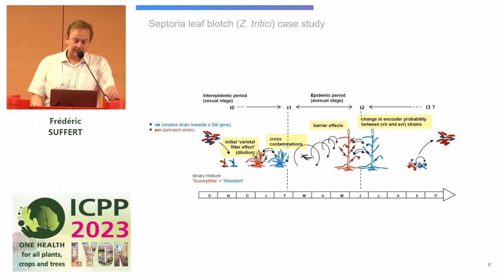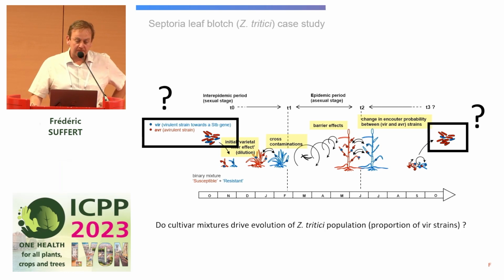And then just after sexual reproduction, at the end of the epidemic, you have a change in the encounter probabilities between the different strains to cross, and in the probability of encounter between virulent and avirulent strains. Of course, what we expect is that the mixture modifies this probability of encounter. The question is, in a mixture system, what happens to the proportion of virulent and avirulent strains from the beginning to the end of the epidemic, after the sexual reproduction?